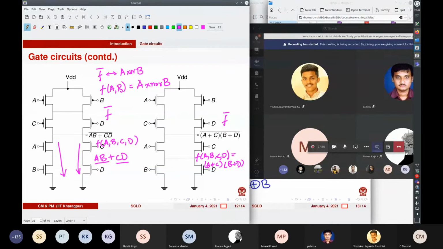So just try to use that principle to draw the circuit structure of the XOR gate. And you can post it in your notebook.